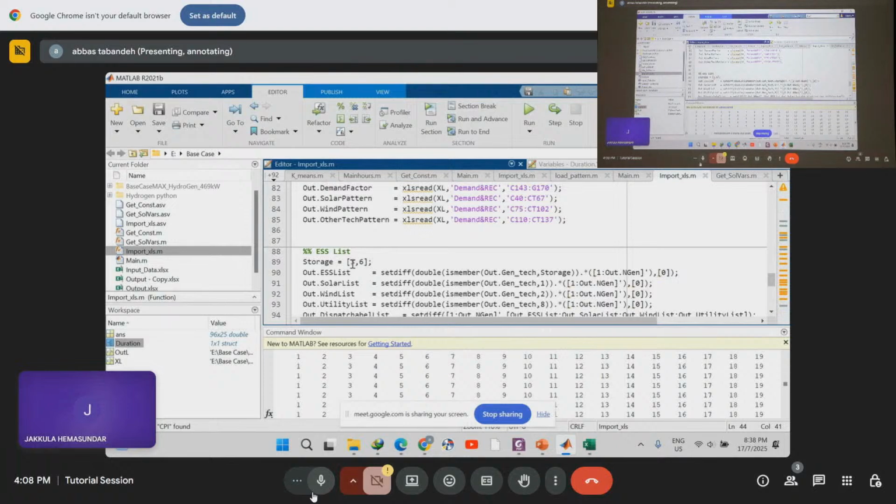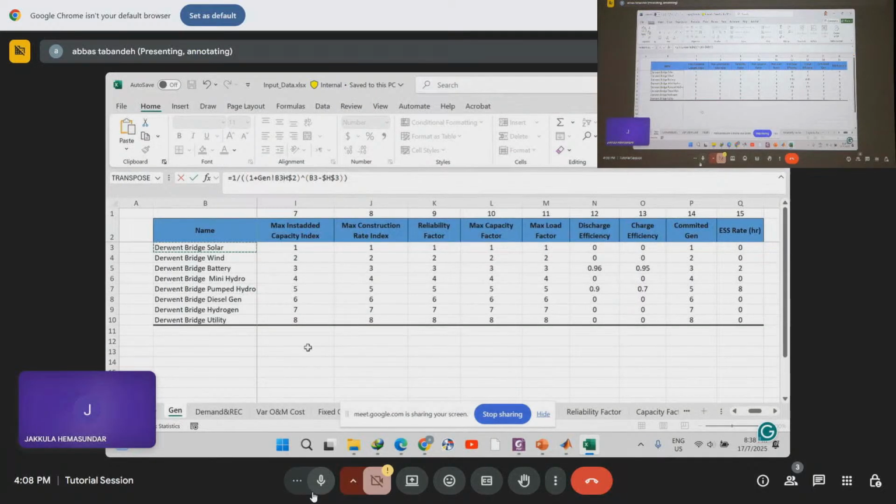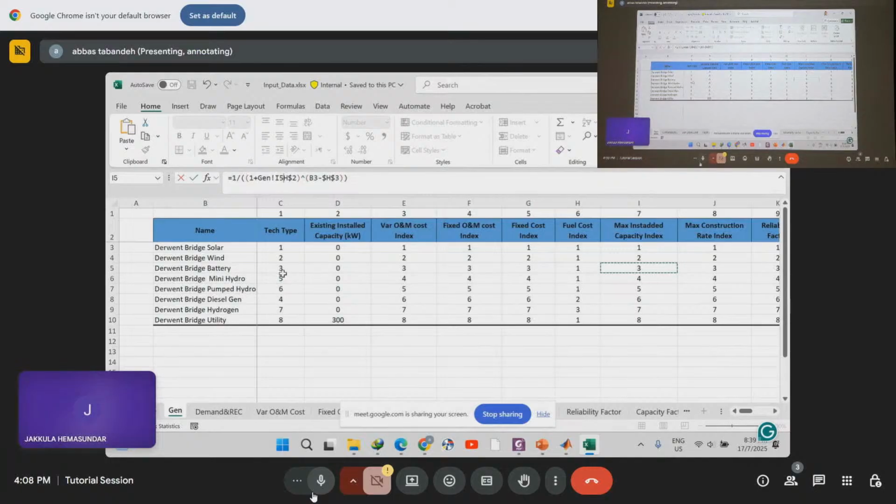3 is the index for battery energy storage systems, and 6 is the index for pumped hydro storage. Here you can see 3 and 6, pumped hydro and battery.